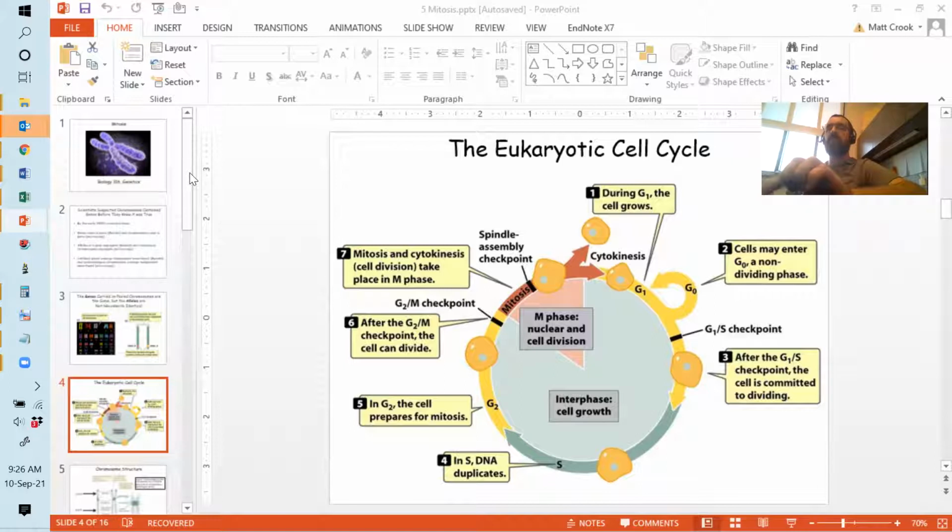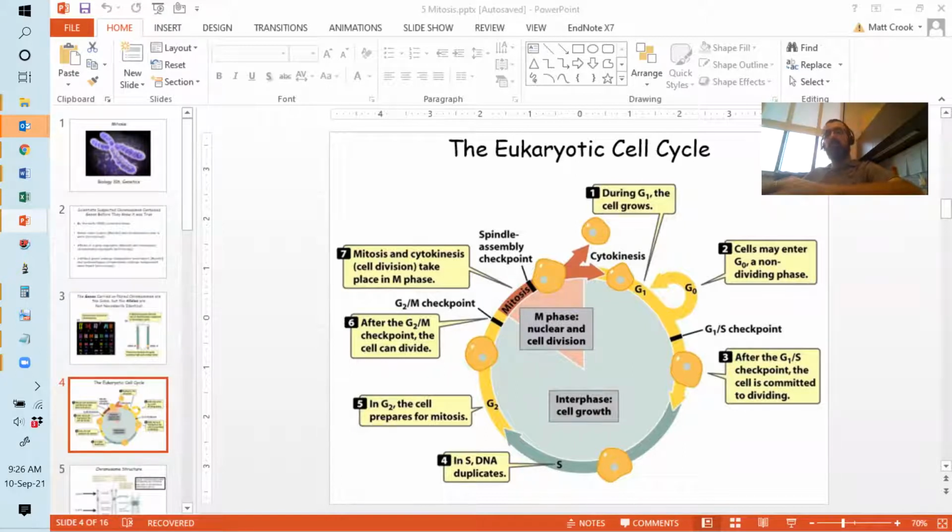And the other thing that the G1 to S checkpoint checks for is DNA damage. Because if the DNA of that cell is damaged and it makes its way through DNA replication, that damage will get copied.